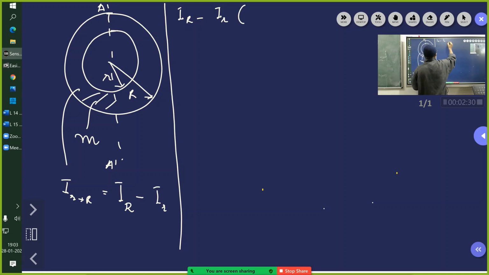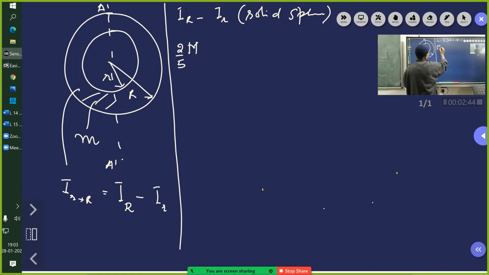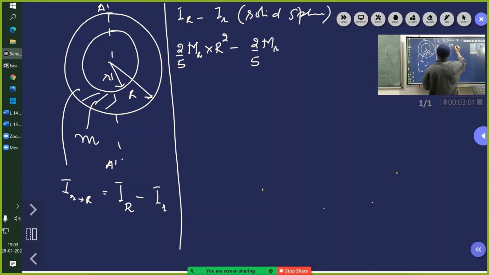This is for a solid sphere, so it is going to be 2 by 5 the mass of the bigger sphere into R square, minus 2 by 5 the mass of the smaller sphere into small r square.